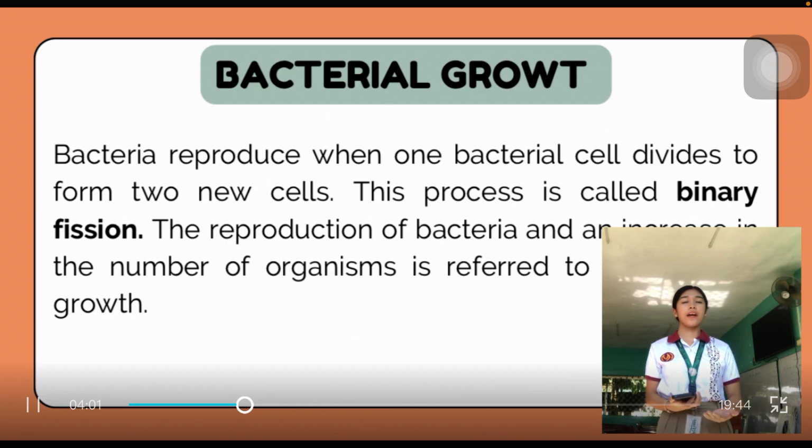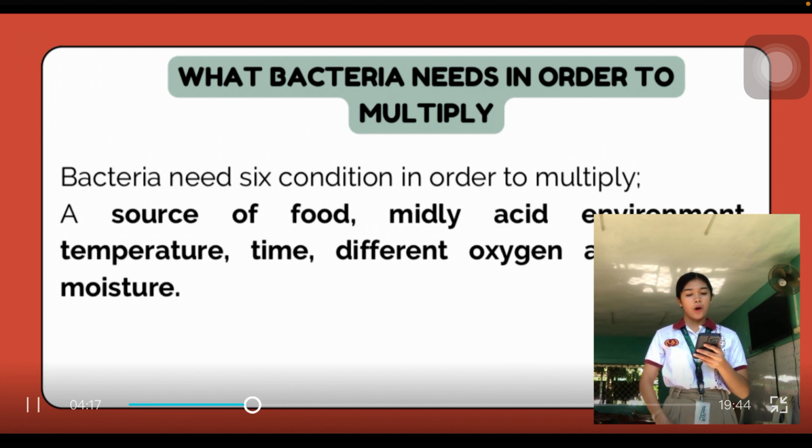Bacteria reproduce when a bacterium divides into 2 cells, and that is what we call binary fission. The reproduction of bacteria and an increase in the number of organisms is referred to as bacterial growth. So what do bacteria need in order to multiply?